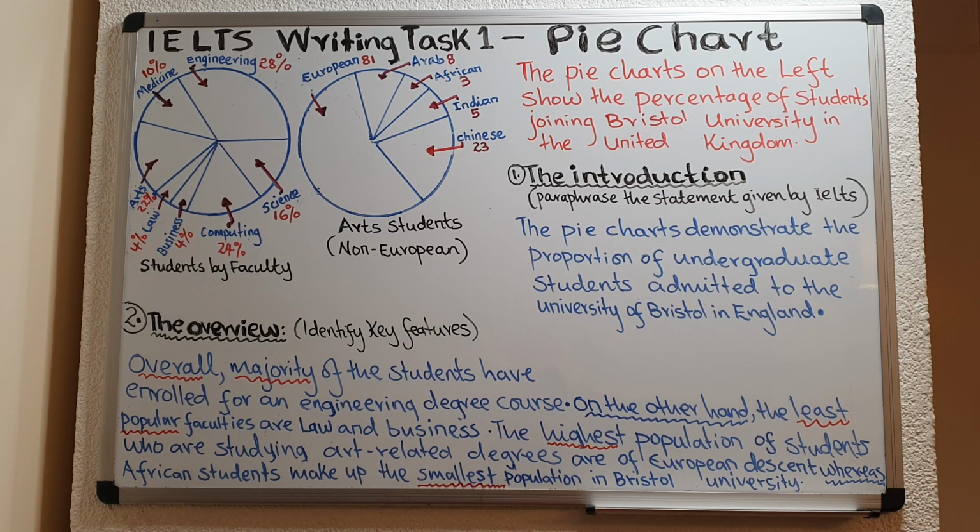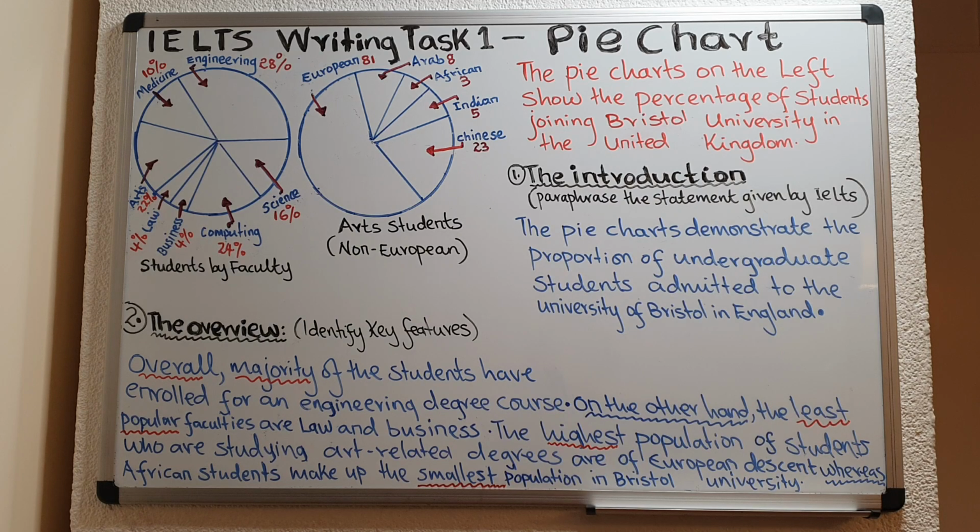Okay, so once you have understood the charts, once you have understood what the pie charts are trying to explain to you and what the link between the pie charts is, then you can begin writing your introduction. In this lesson, I'm going to teach you how to write the introduction and the overview. In the next video, I'm going to teach you how to write the other two body paragraphs.